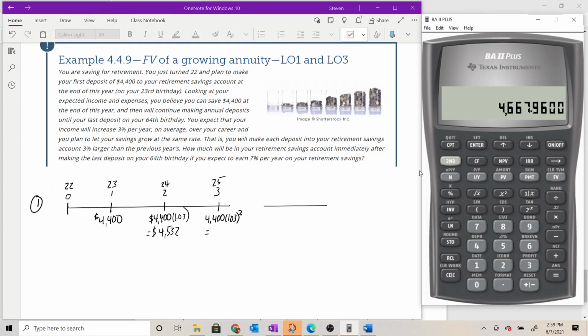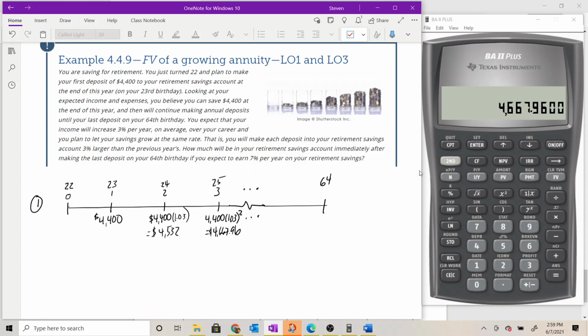So that third deposit is going to be $4,667.96. Right, and that pattern is going to continue. So I'll use our ellipses here to say this pattern continues out to our 64th birthday.